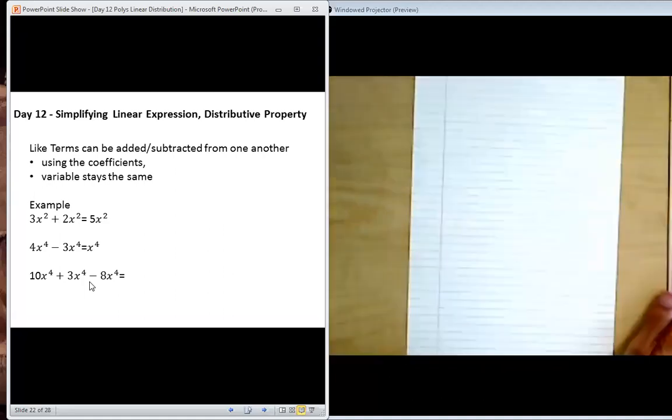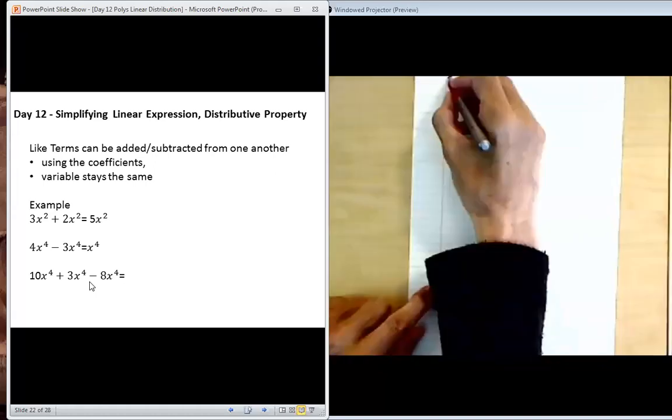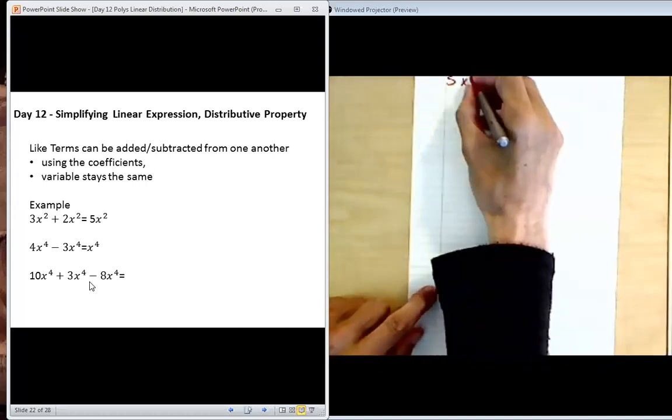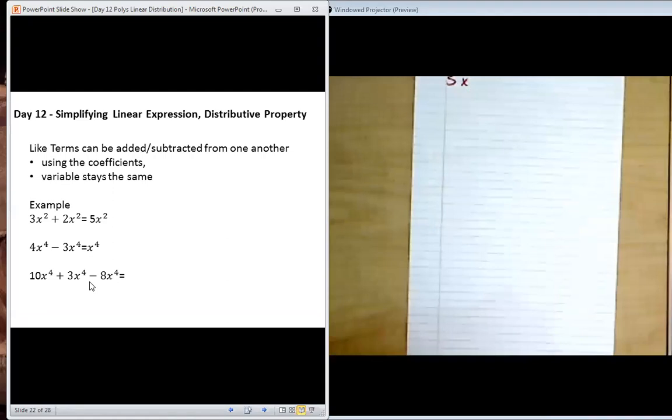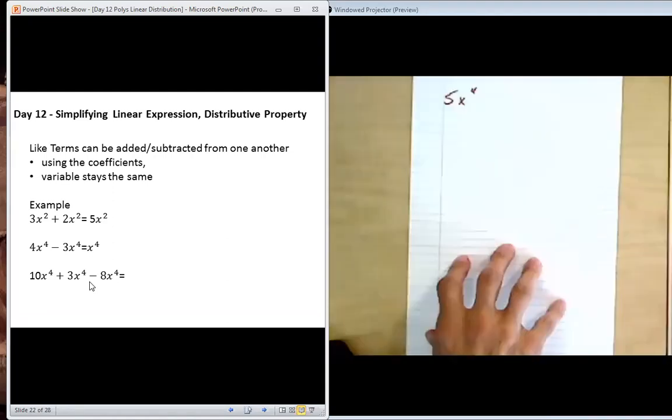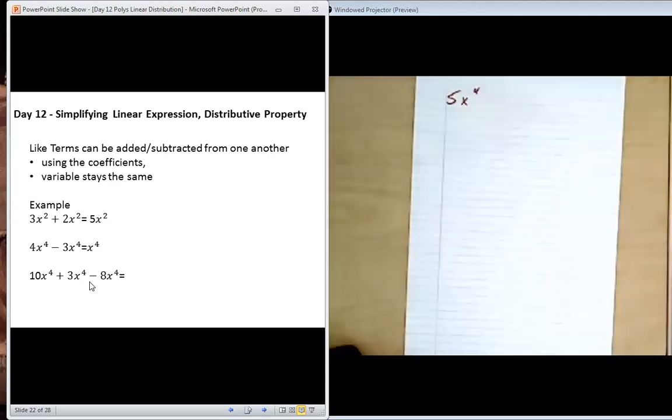Good. So 5 x to the power of 4s. That's what we're looking at for that last one.